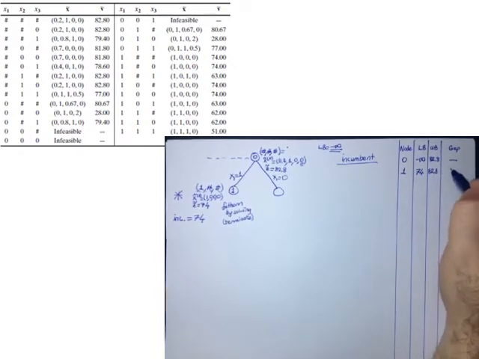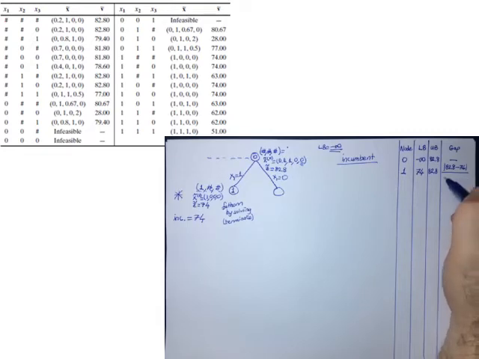Then the gap value will be 82.8, best possible, minus 74, which is the best found. Found means an integer solution, divided by best possible.